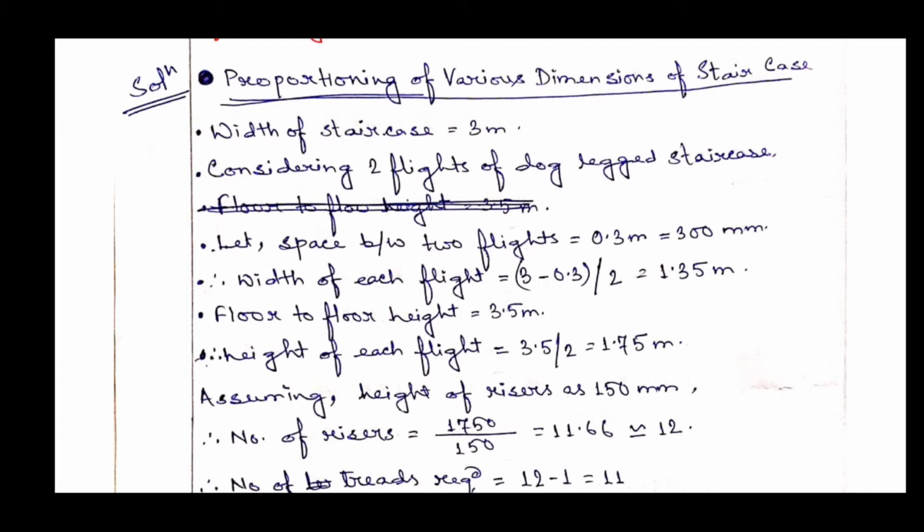Now floor to floor height is given, that is 3.5 meter. So the height of each flight is equal to 3.5 meter divided by 2, that is 1.75 meter.